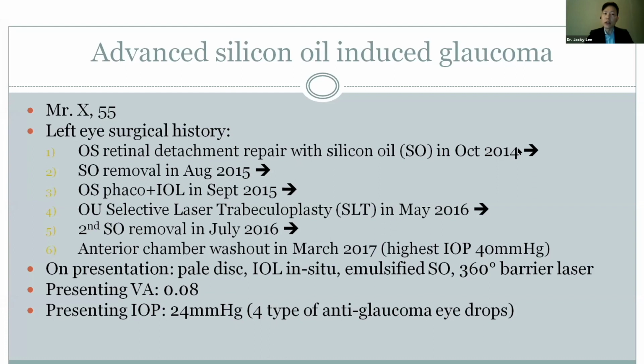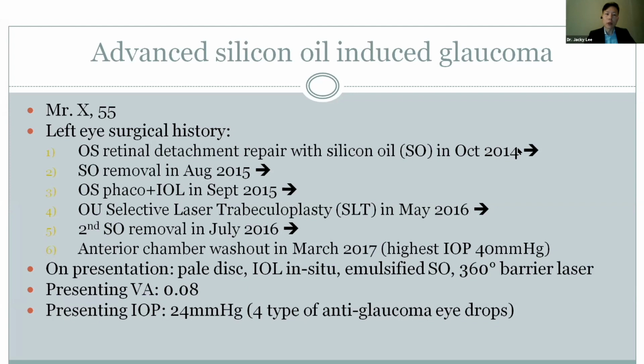He received a second episode of silicone oil removal in July 2016 for persistent high pressure and to clear away any residual silicone oil. Lastly, he had an anterior chamber washout done in March 2017, with pressures up to 40 millimeters of mercury. So he had multiple surgeries done before he was referred to see me for glaucoma management.